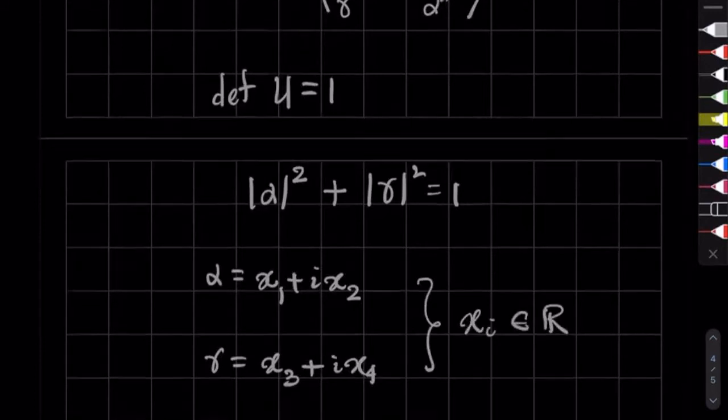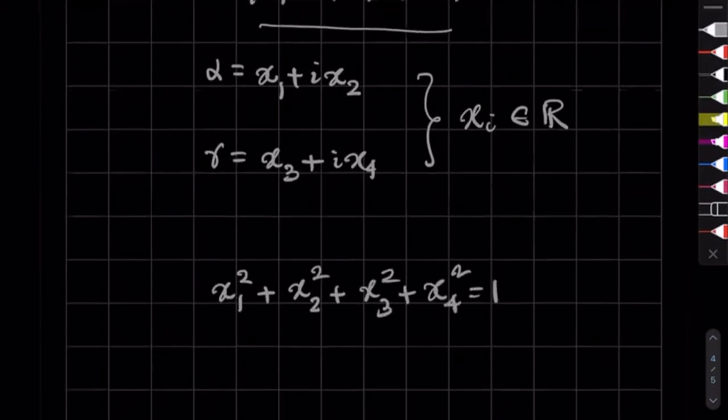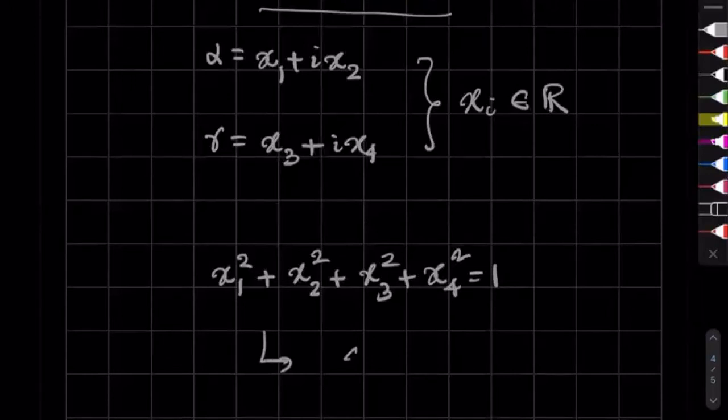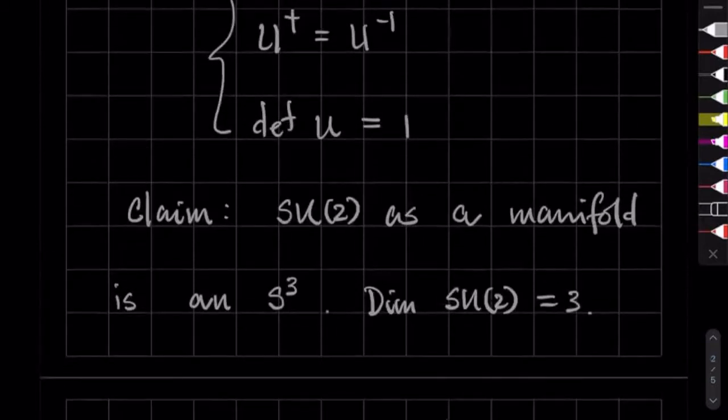So if I now rewrite this equation in terms of x's, I get x1 squared plus x2 squared plus x3 squared plus x4 squared equals 1. This is an equation for a 3-dimensional sphere, because it's a constraint on 4 parameters, and so it cuts down the number of independent parameters to 3. So does that convince you, Abdullah, that SU2 is a 3-dimensional manifold called S3?